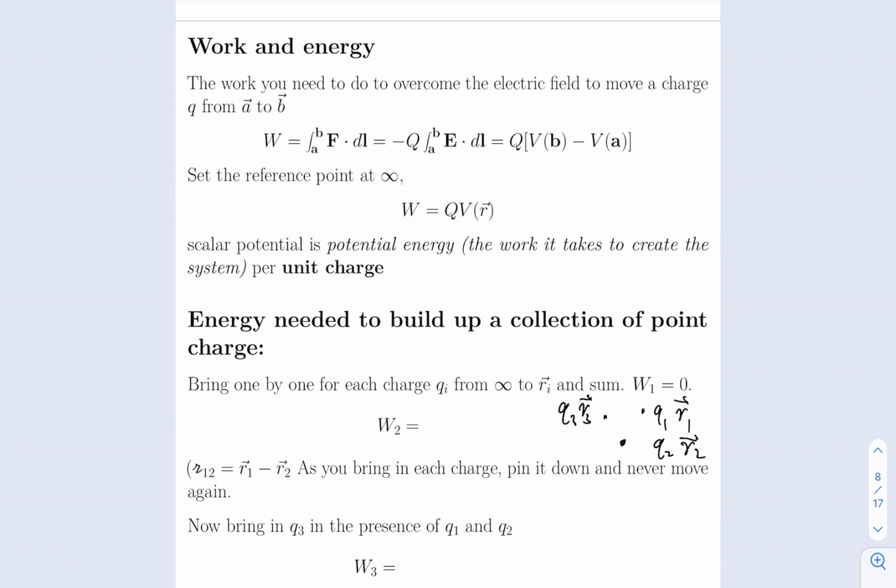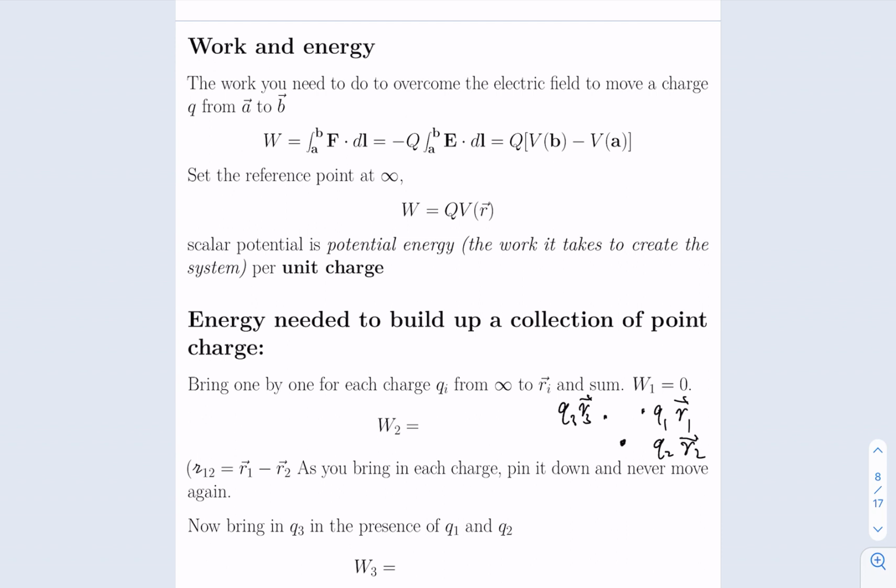To solve this problem, we can simply move one charge at a time. In the beginning there are no charges, and we bring the first charge to the Q1 position. We don't need to do any work because there is no background electric field yet, right? After we bring Q1 in place, however, there will be an E field built up by this Q1, and that E field goes as 1 over curly R squared.